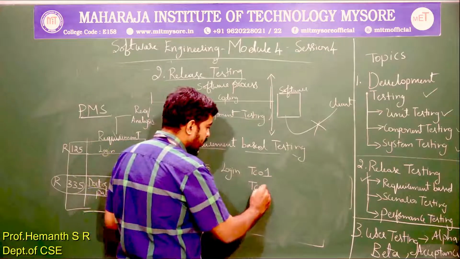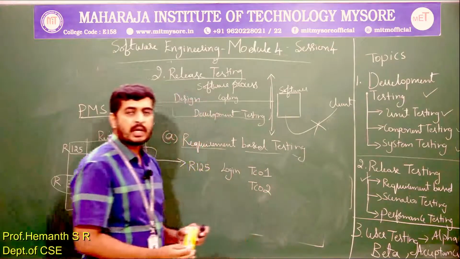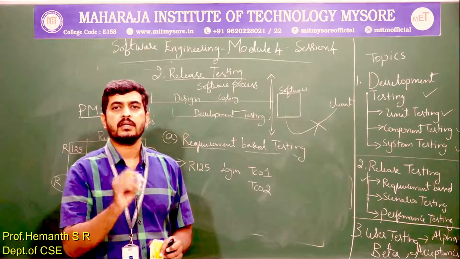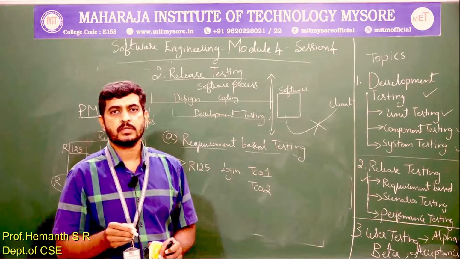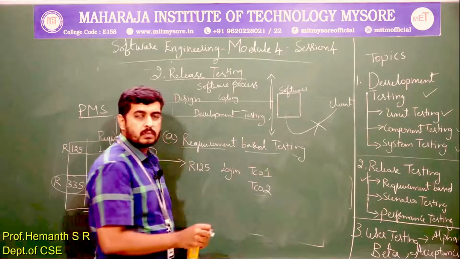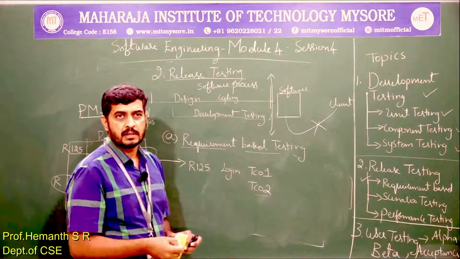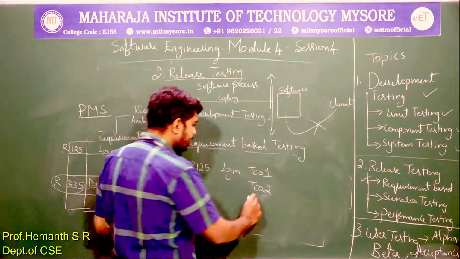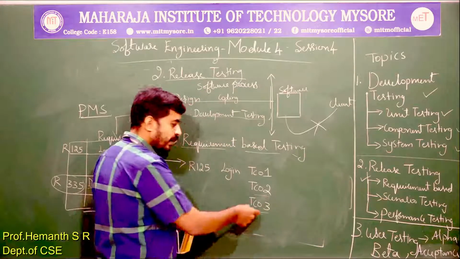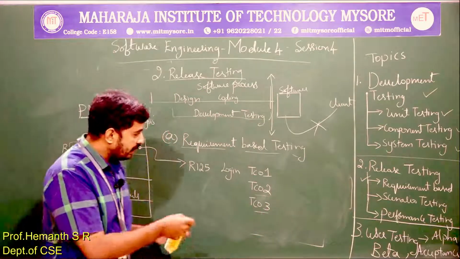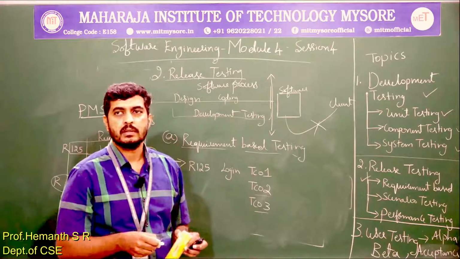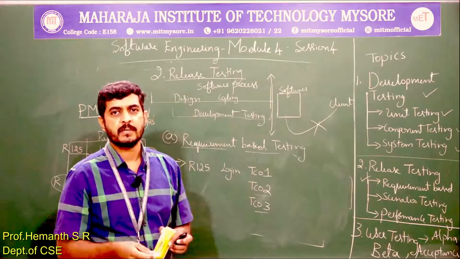Test case 02, after the login page is served to the patient, he needs to enter the user ID and password. That is being checked by test case 02, whether the user can enter those details. Maybe test case 03, after entering the details, you click on the submit button, and these details should match with the details stored in the database, assuming that he is a registered patient.